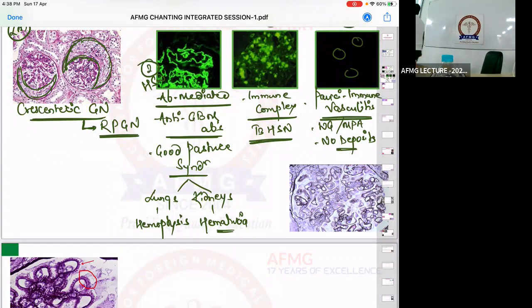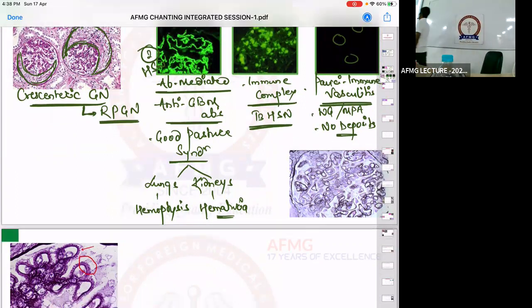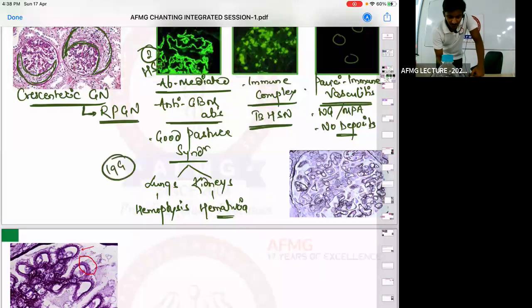So tell me quickly now, let me first write the deposits. In type 1 RPGN or Goodpasture, which type of deposit was seen? You can see IgG and C3 deposits along the basement membrane. So which kind of deposit?